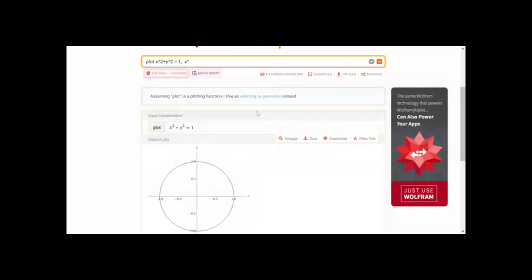This is the circle x squared plus y squared is equal to 1. And here is x squared plus 4y squared is equal to 1, the brownish or purple plot. And you see the purple plot is same as a circle, but it is shrunk by half.